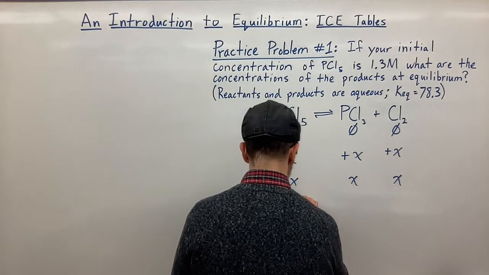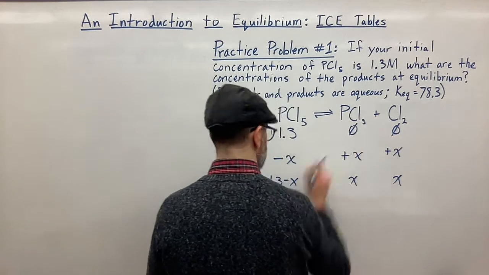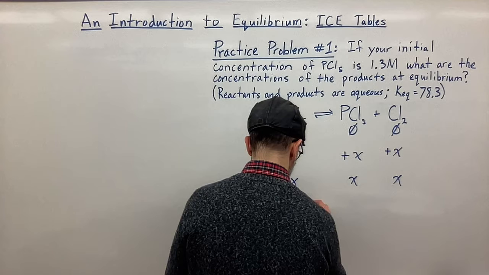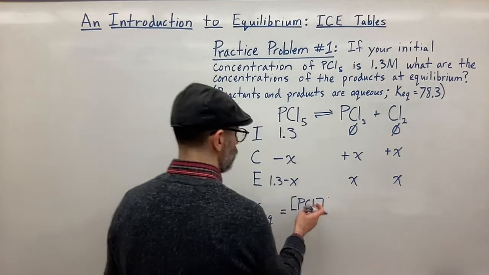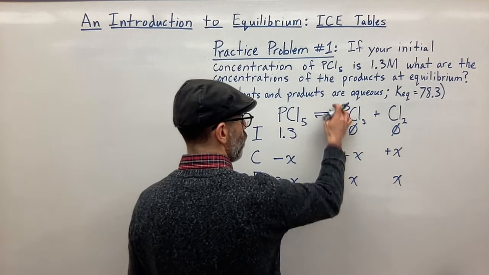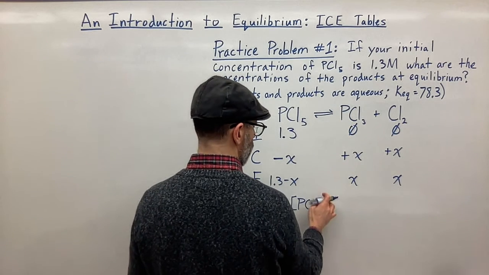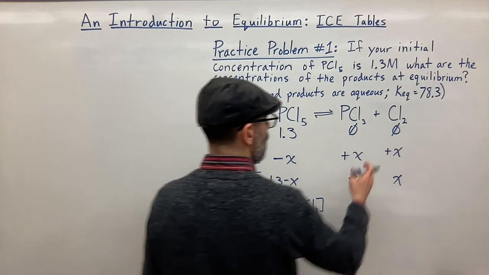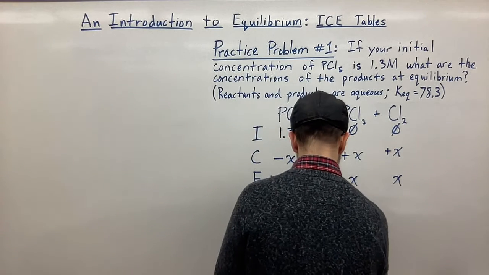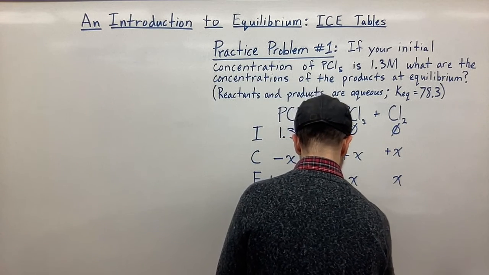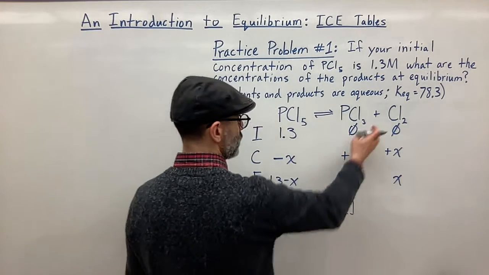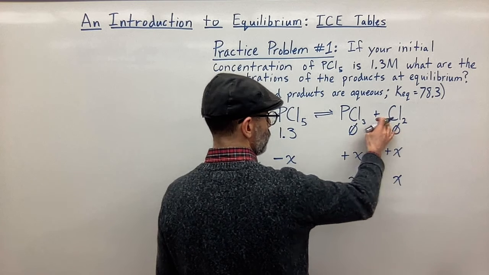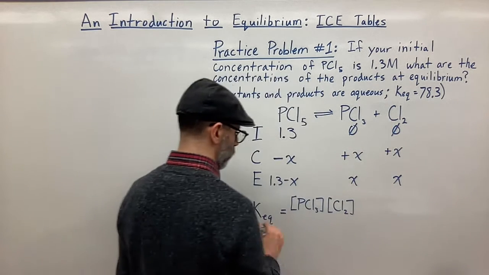So here, this will be the concentration of PCl3 raised to its power, but its coefficient is 1, so that's just a power of 1. We don't write the ones. Same thing for the chlorine, so multiplied by Cl2, raised to the power of its coefficient, which is 1 again, so we don't write the 1.